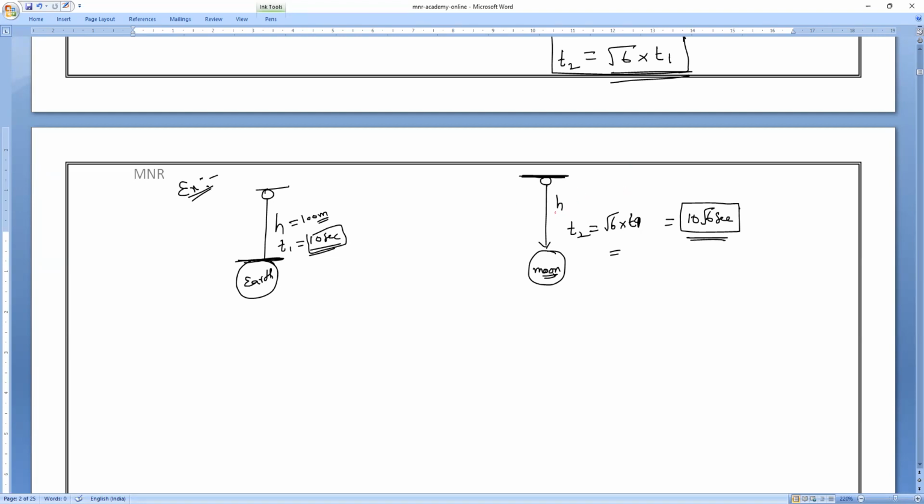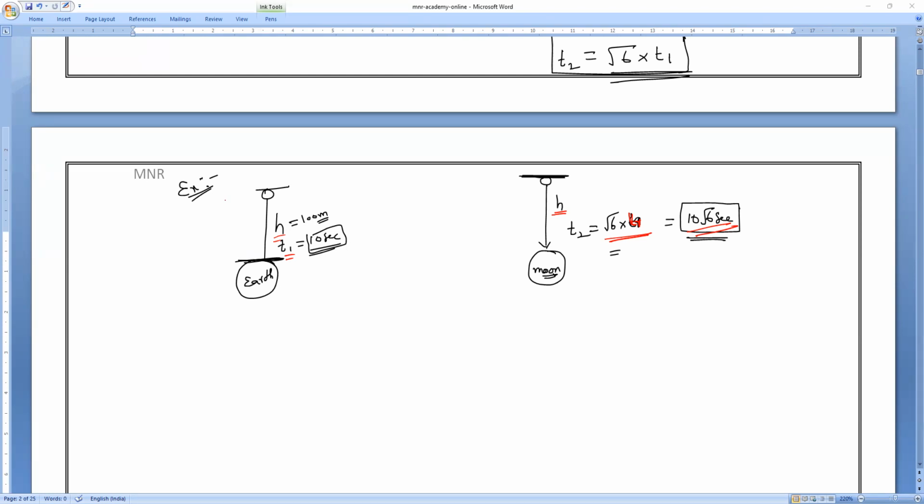So from the same height, the time taken to land on the moon is root 6 times T1, where T1 means the time taken to land on the earth. Like that they calculate it, and according to that the speed will be adjusted. That is what I'm saying. Do you understand? Clear? Yes, sir.